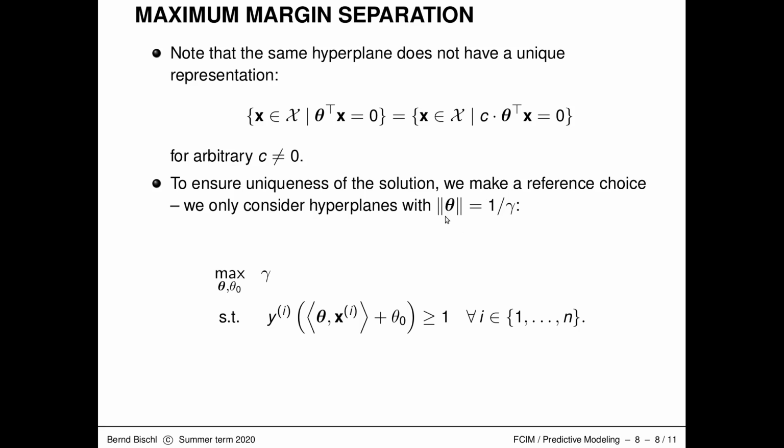And I will now pick the length 1 divided by gamma. For all of these representations that encode the same hyperplane, there is of course at least one point that has a minimal distance to the hyperplane, and this minimal distance is called gamma. And I'll now scale the norm of theta so that it's exactly 1 divided by gamma.